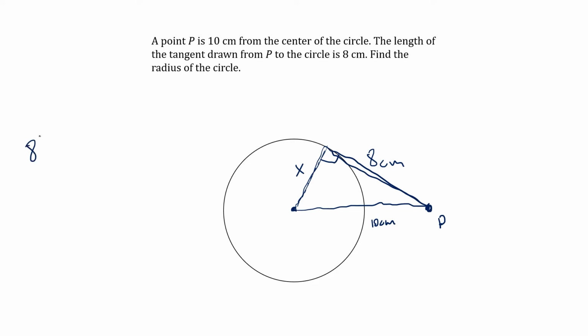So 8 squared plus x squared equals 10 squared, so 64 plus x squared equals 100. Subtract away that 64, and we're going to get, what? 36? Yeah. x squared equals 36. So x equals 6, the square root of 36.